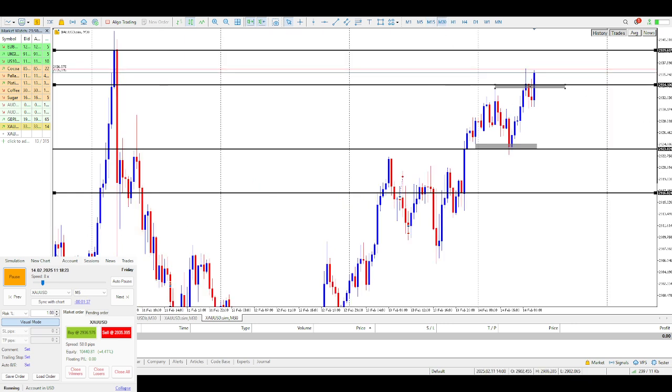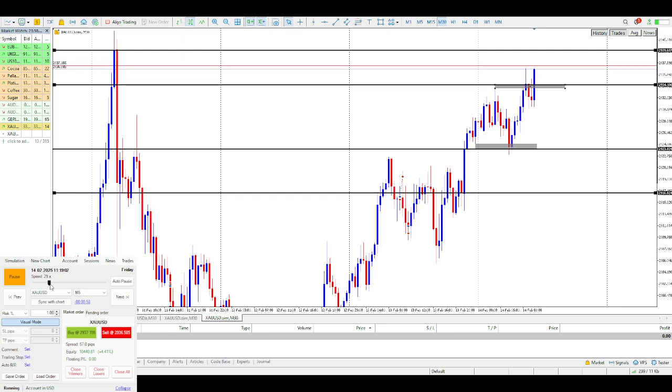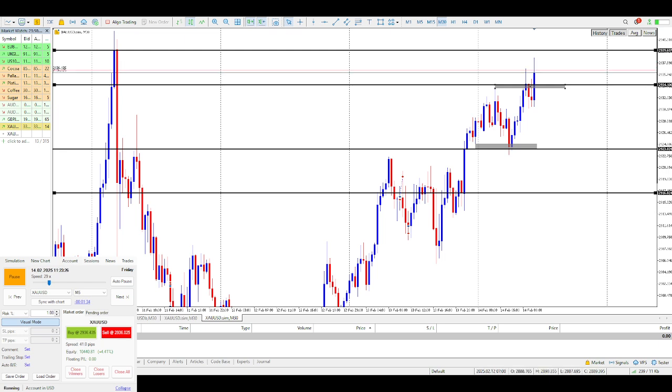Wait for this M30 time frame to close. You can miss the move. Yes, there's a possibility of me missing the move, but it's okay.